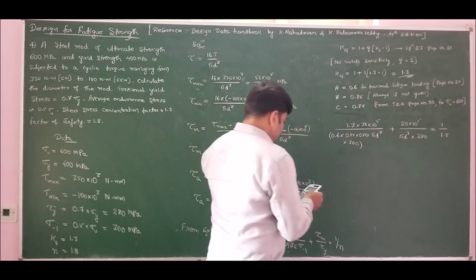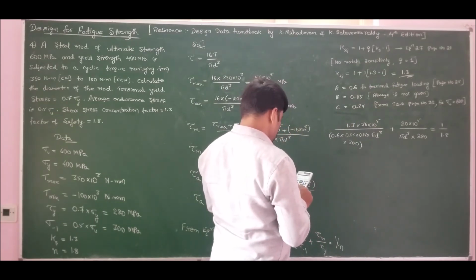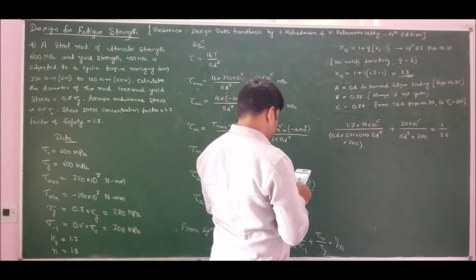Now solving this equation, I will get 1.3 into 36 into 10 to the power of 5 divided by 0.6 into 0.85 into 0.87 into 300, plus we have 20 into 10 to the power of 5 divided by 280.